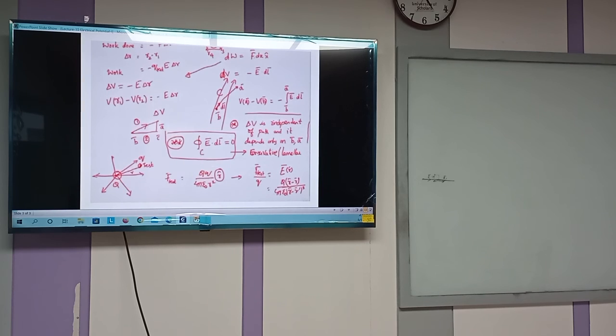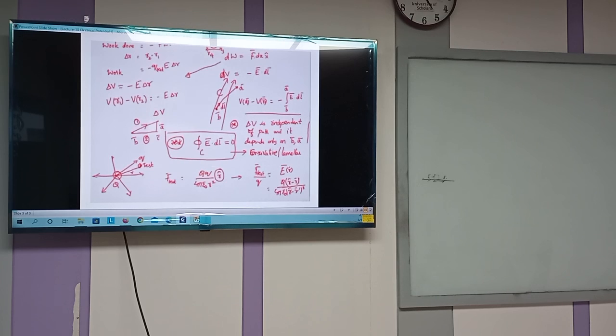The force on the test charge, let us call it small q, will be capital Q times small q divided by 4 pi epsilon naught, the charge being kept in air or free space, r squared, where r is the separation between the source charge and the test charge, and it will be in the direction that joins the two charges.